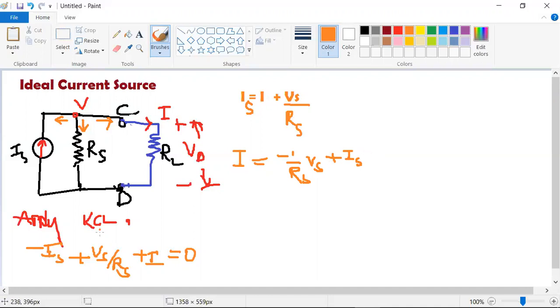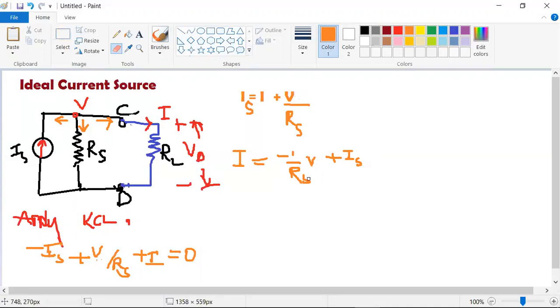This is not VS, this is V, meaning this voltage, your assumed voltage V.